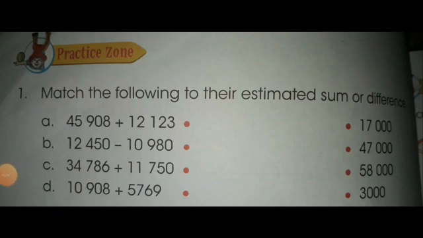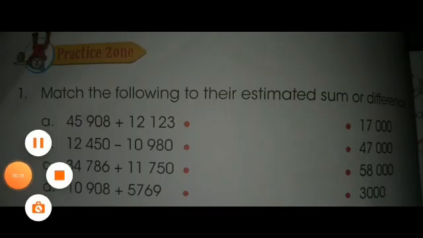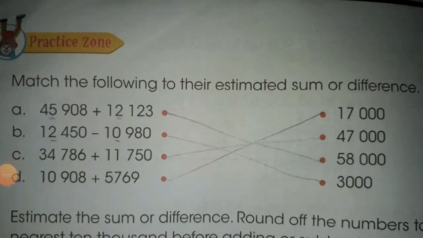Easily find the nearest number of 58,031, that is 58,000. So we will match part A to 58,000. The answer key will be given. You have to try the last 3 parts by yourself and then match your answers with this answer key.